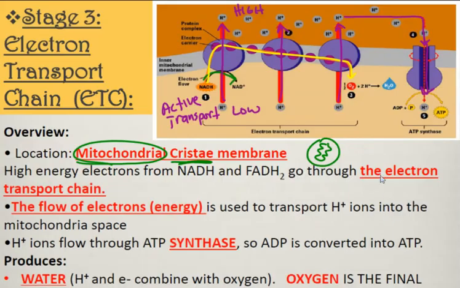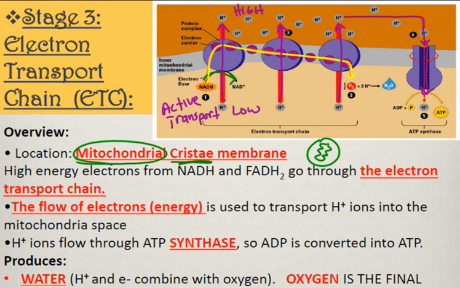The movement of those hydrogen ions is harnessed by ATP synthase, because that's creating a little bit of energy to then build ATP. And that's where we get our 34 ATP made.